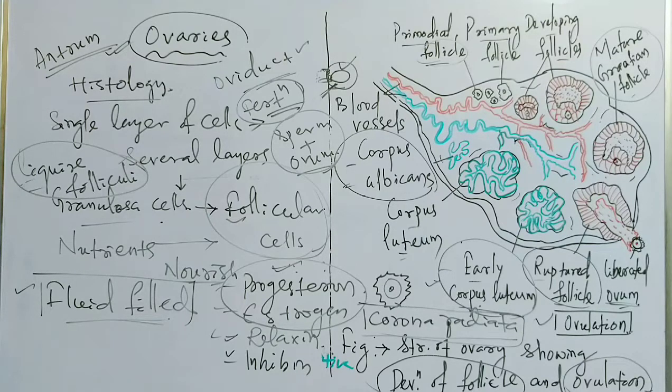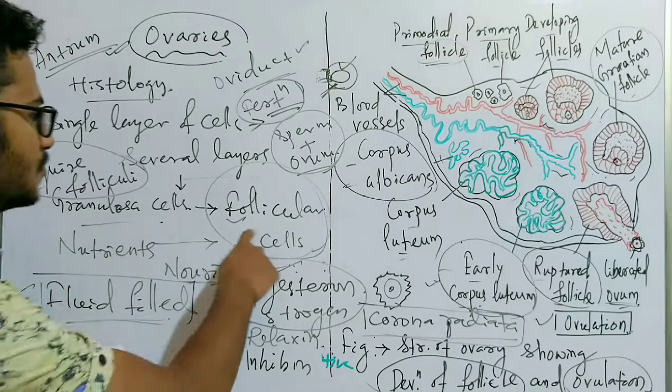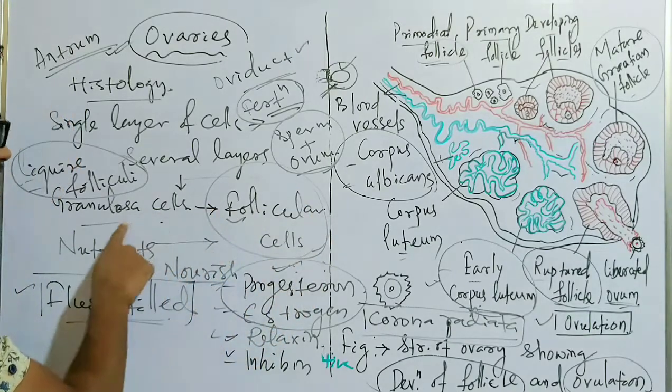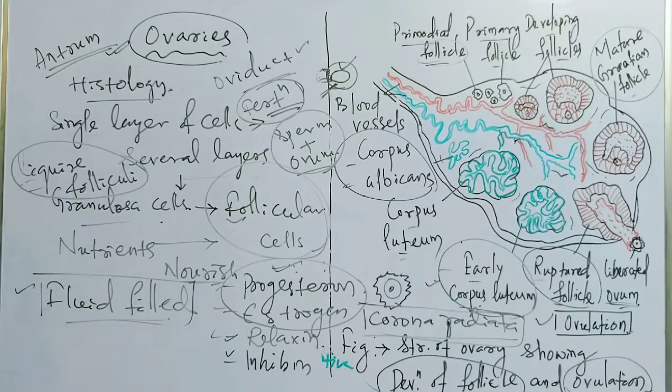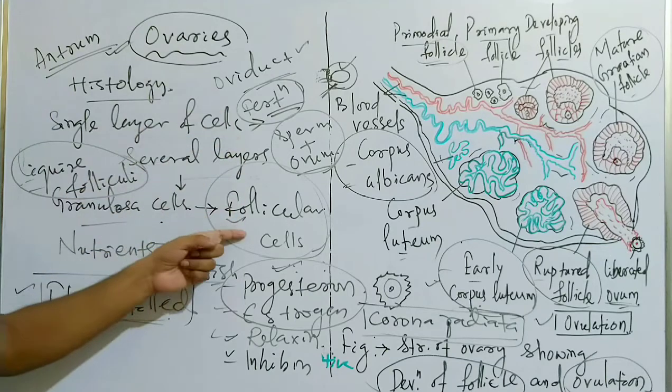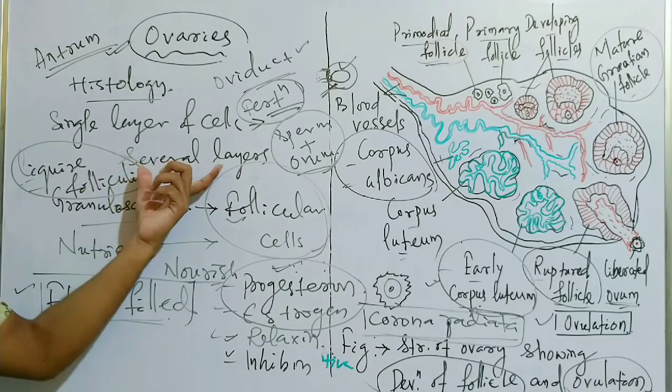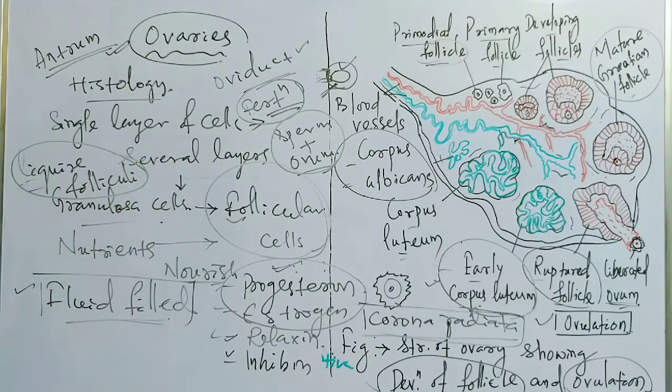The cells lining the cavity are formed into the membrana granulosa. So the granulosa cells surround the follicular cells, and they provide nutrients for the development of the follicular cells. When the single layer covering the follicular cells becomes multi-layered, it is called the granulosa cells.